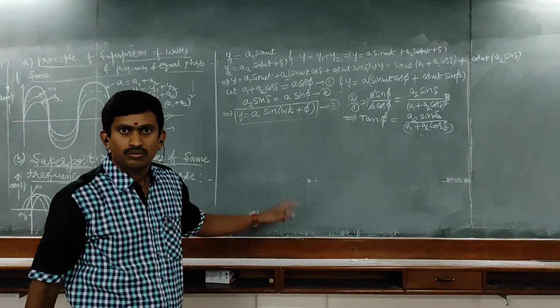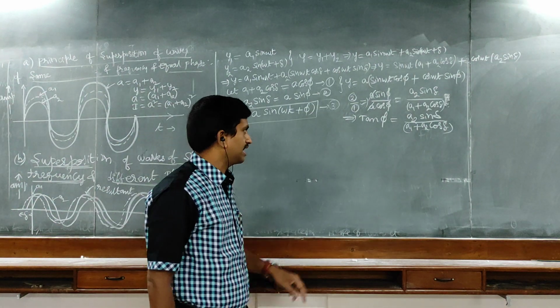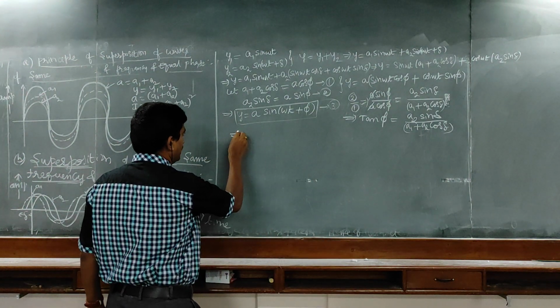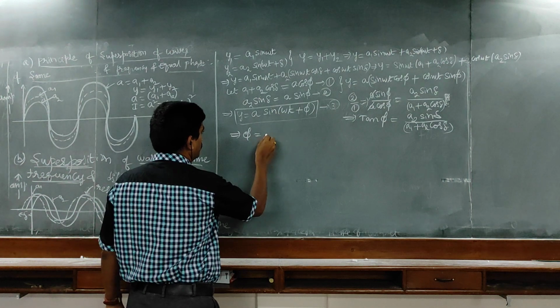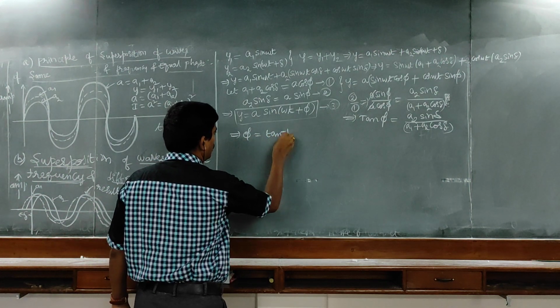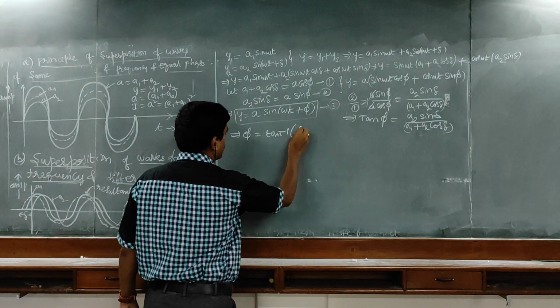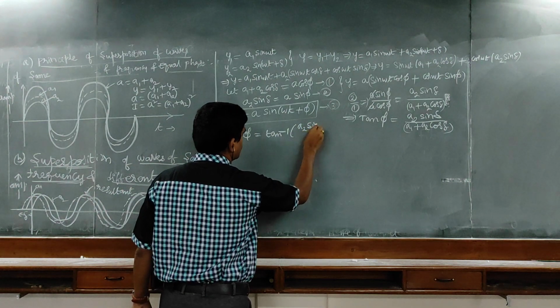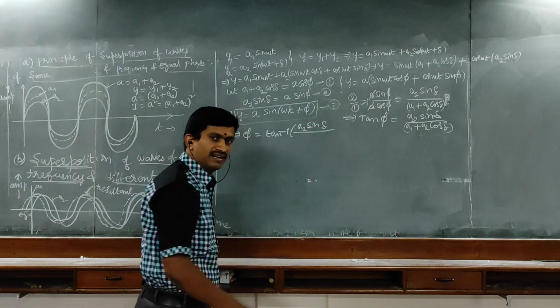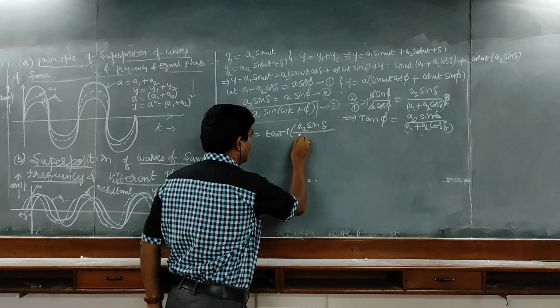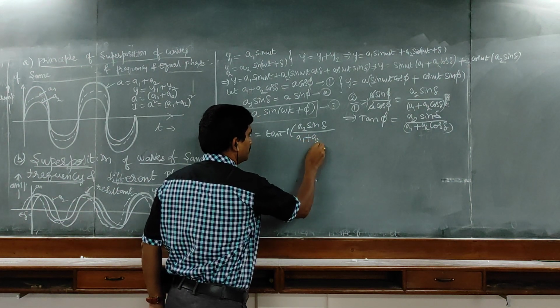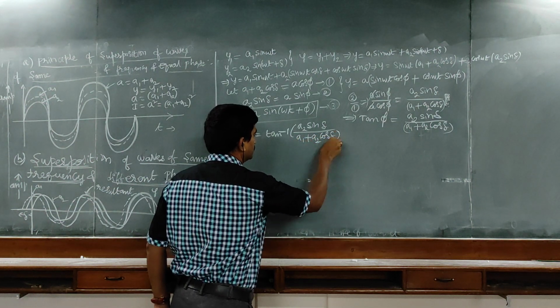Now we want the phase angle expression, that is given by phi is equal to tan inverse of a2 sin delta divided by a1 plus a2 cos delta.